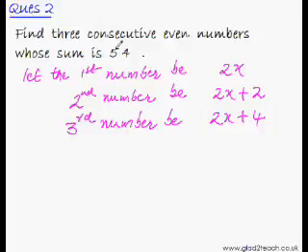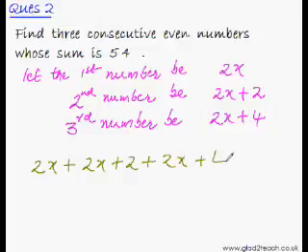The second step is to create an equation. So that means the sum of all these expressions should be equal to 54. And since this equation is already balanced, you just have to solve it.